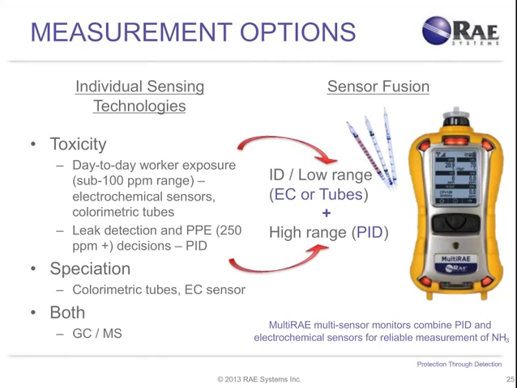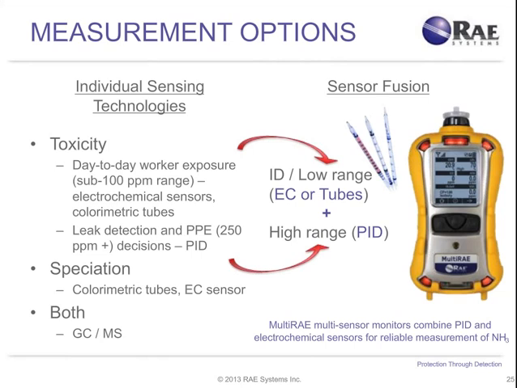So what we suggest to our respective customers and other listeners at this webinar is that you consider an option to use an electrochemical sensor or tubes to identify ammonia in a specific fashion and also measure it at a lower range.